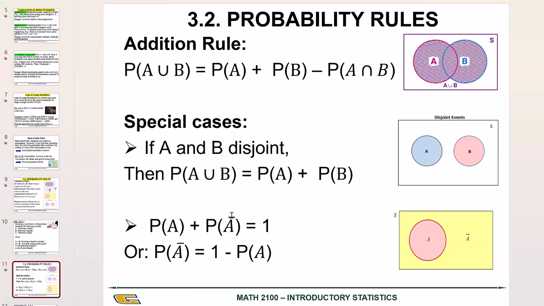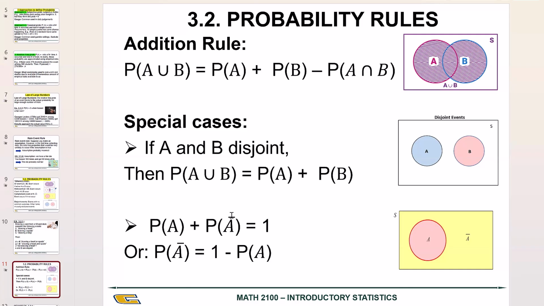And for the special case, when A and B are disjoint, it becomes much nicer, because the intersection is the empty set, which means its probability is zero. So now you have a very nice formula: P(A or B) equals P(A) plus P(B). Also, A and A bar, the complement of A, together make the whole sample space.